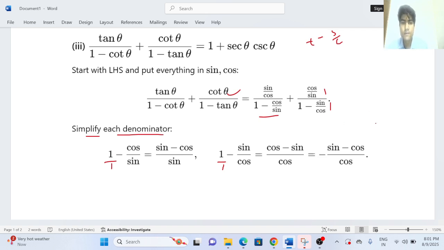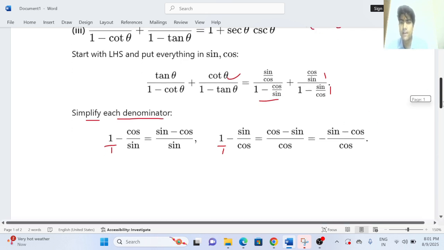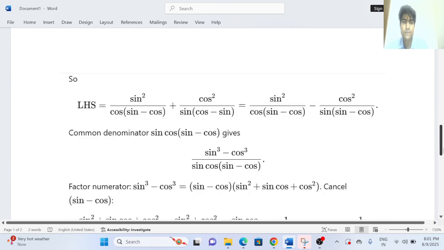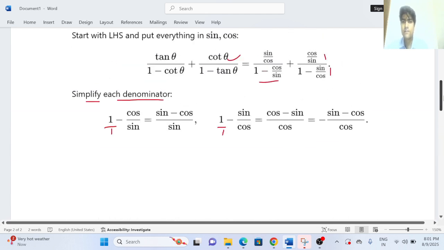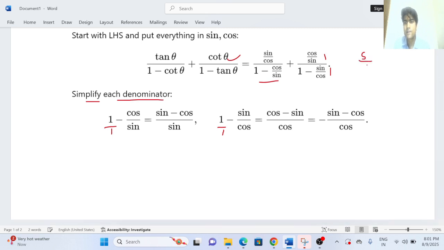Once you substitute these values back at their place, that becomes sine square plus cos square. See how it has happened. You are given a question like this, and once you solve it, first you put sine, then cos here, then this sine goes above, so again it becomes sine, and on the downside it becomes sine minus cos.